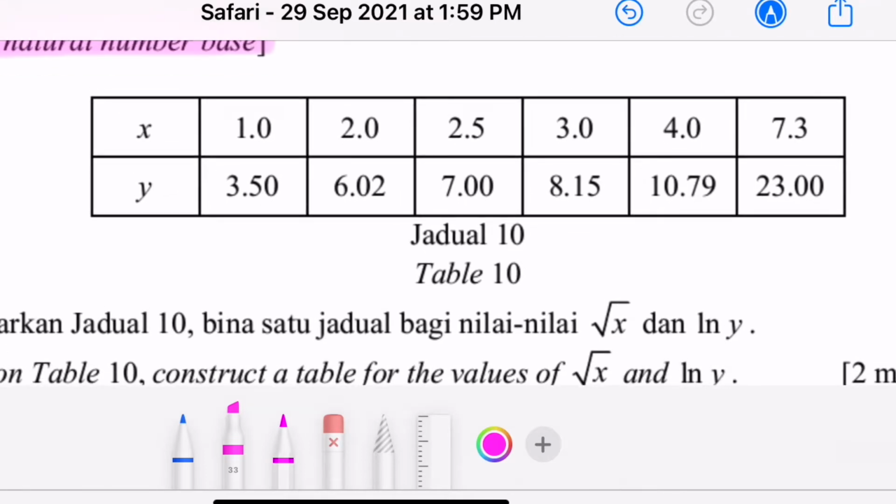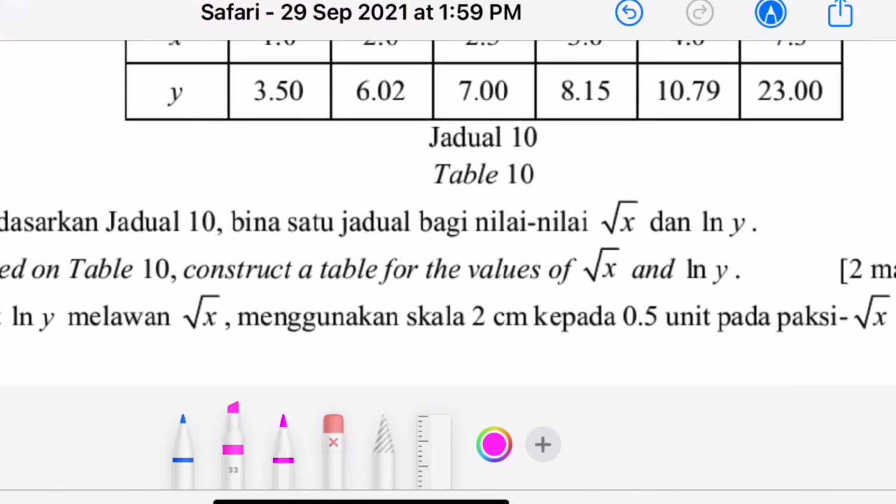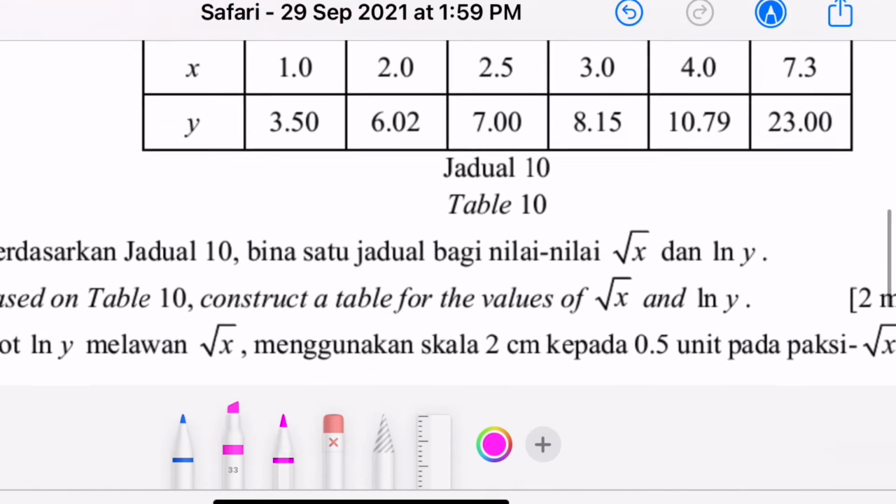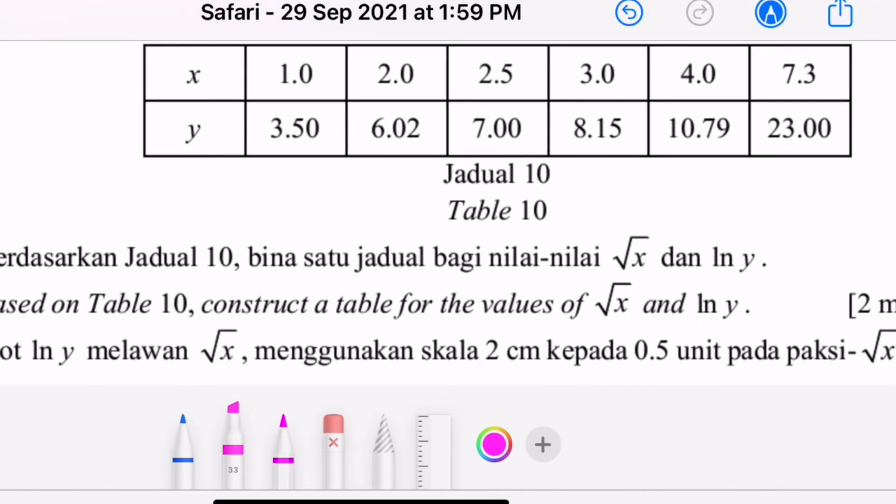Okay, today we are going to solve the linear law using a graph. But this graph is not the normal log base 10, it's ln. So first of all, we have to construct a table for the values of square root x and ln y.